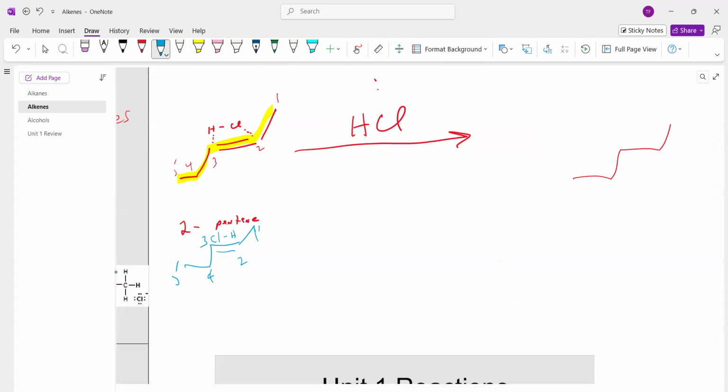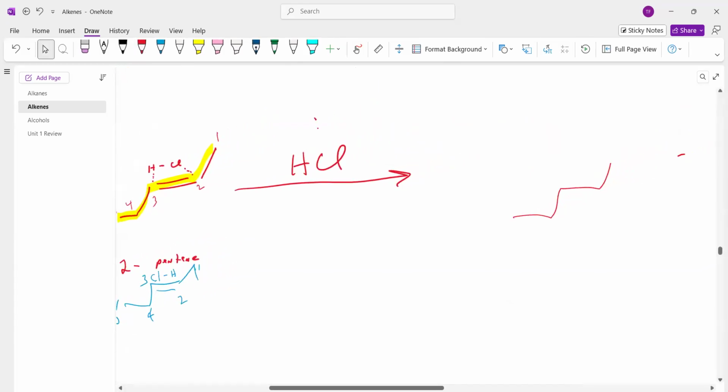Okay, so in the case of the red, the chlorine ends up on the number 2 carbon, which this here is. And then the H ends up on the number 3 carbon.